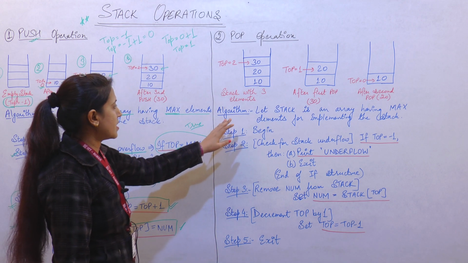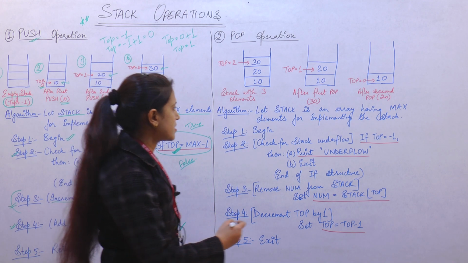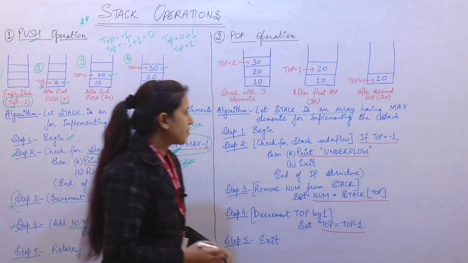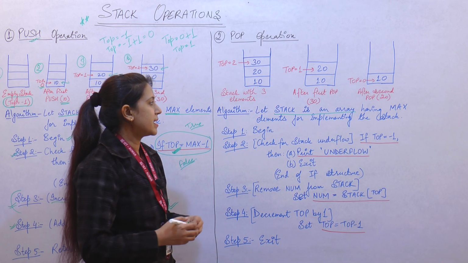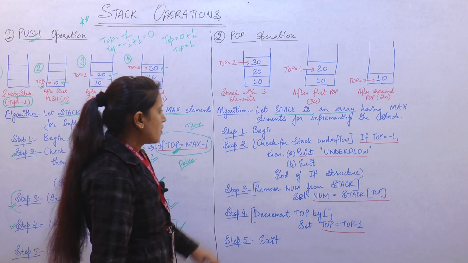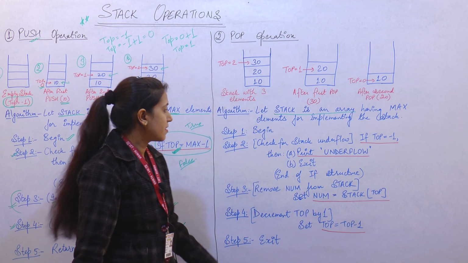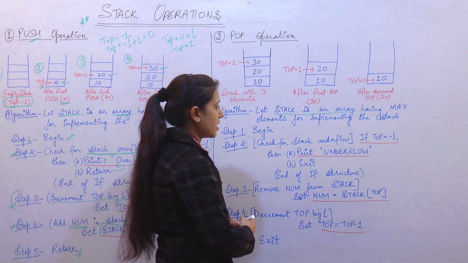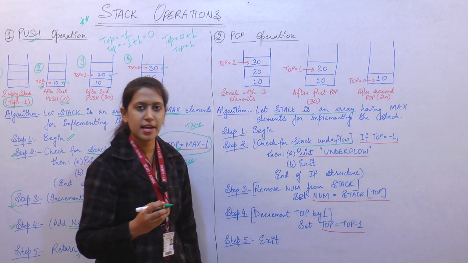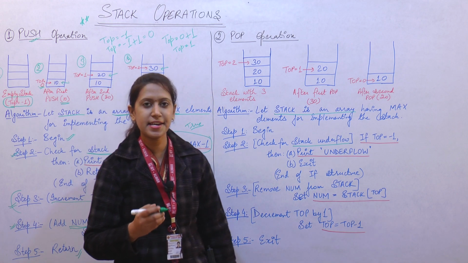This algorithm is for pop operation. In this algorithm we are having a stack as an array which is having a maximum number of elements for implementing the stack. Now we will begin our algorithm. For deleting any already existing element, we will first check for stack underflow. Stack underflow means we will first check if our stack is already empty or not. If our stack is empty, we cannot delete any element.